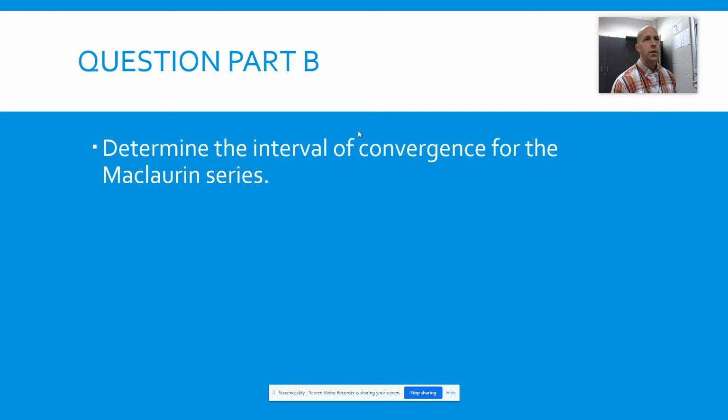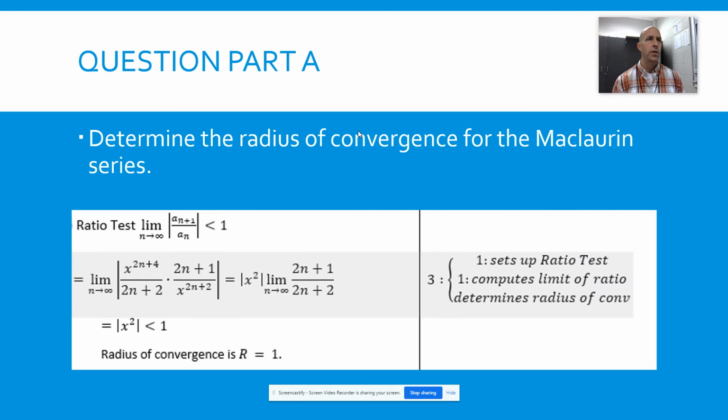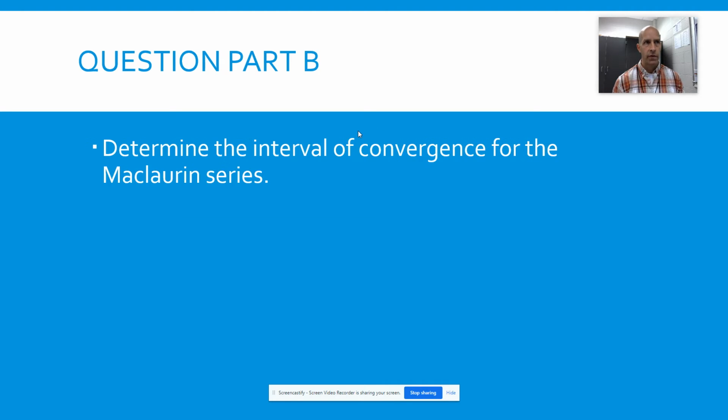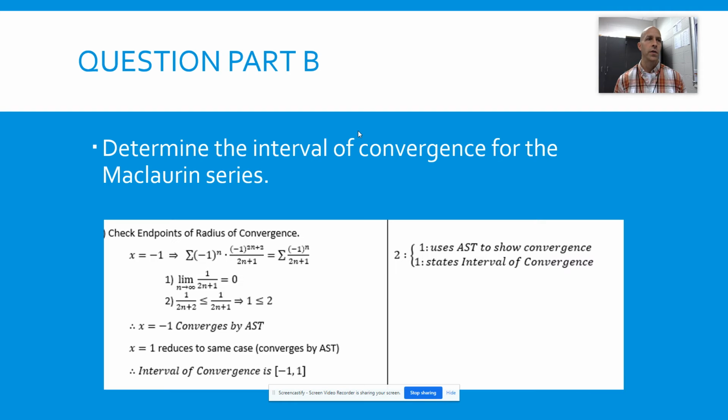Part B is to determine the interval of convergence for the Maclaurin series. Notice in the previous one, we did the radius of convergence. Here we're doing the interval of convergence. This one's out of 2 points. First things first, they need to substitute negative 1 in for x, which will give them the series stated there at the top. Then they have to use the alternating series test to show that it converges.